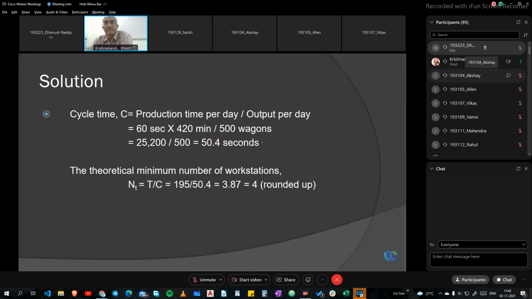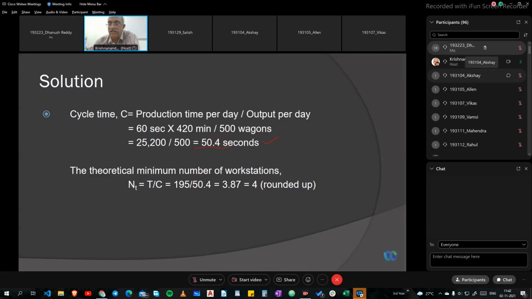So this 195 is split across 4 workstations, theoretical minimum. But you may end up taking more than that because of not being able to exactly balance all the tasks across the workstations. So this is the network diagram.